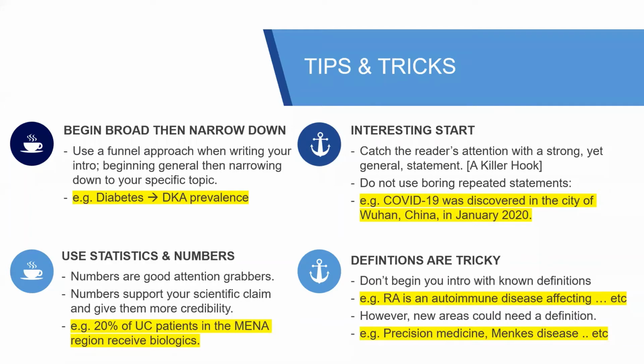So for example, in the last year, we've had a lot of papers written in COVID, of course. So the most common statement that we see every day was that COVID-19 was discovered in the city of Wuhan, China in January 2020. This is a very, very repeated and boring statement to start with.